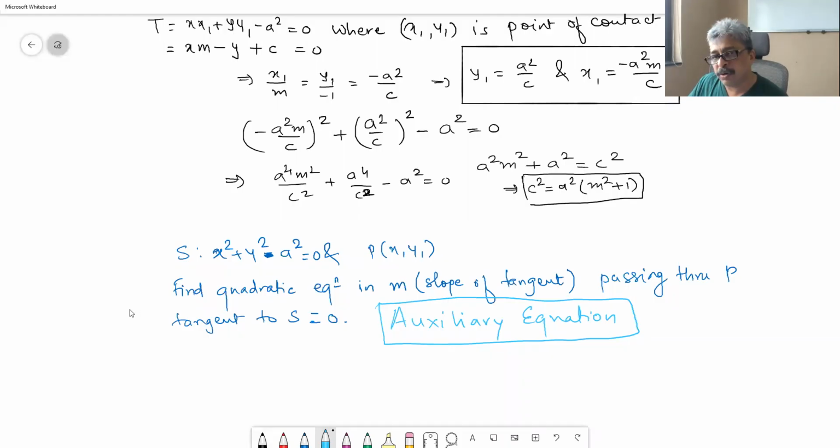We have already found out the condition for tangency. c square is equal to a square into m square plus 1, and y is equal to mx plus c was our line. Therefore, the line should pass through this point, therefore c is equal to y1 minus mx1. Correct? You put it over here.